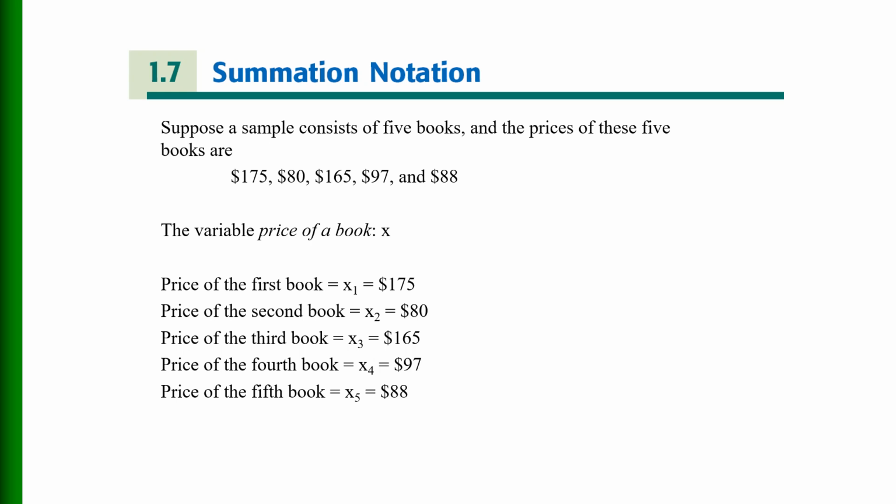Here are some notations, and in statistics and mathematics we use this notation more often, and that is summation notation. Suppose a sample consists of 5 books and the prices of these books are as follows. Book number 1 costs $175, price of the second book is $80, price of the third book is $165, price of the fourth book is $97, and price of the fifth book is $88.